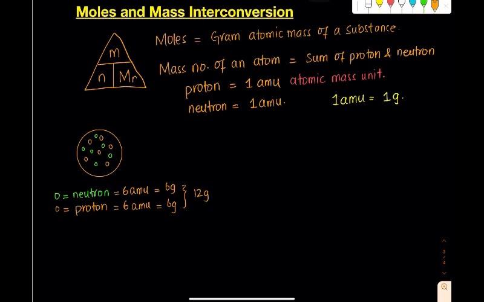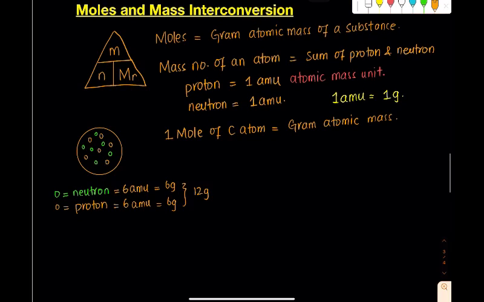This means that if I have 1 mole of carbon atom, this is equivalent to its gram atomic mass. So what's its atomic mass?